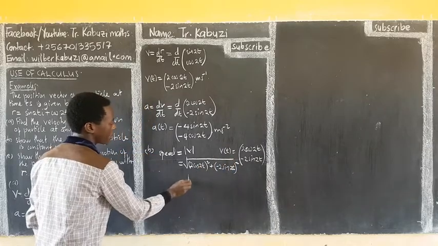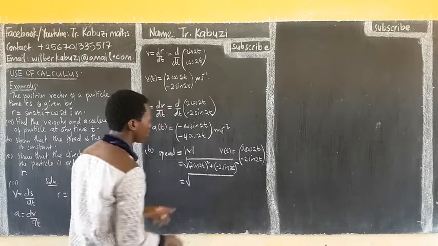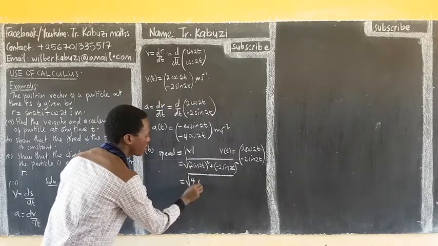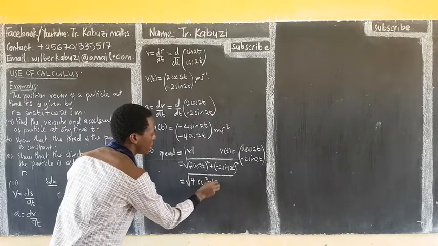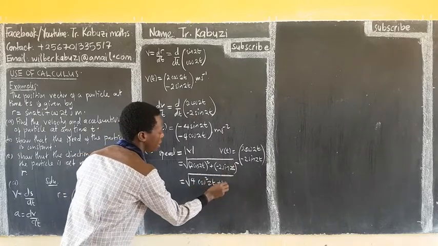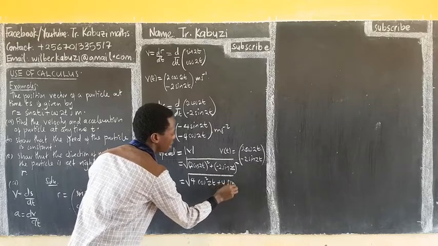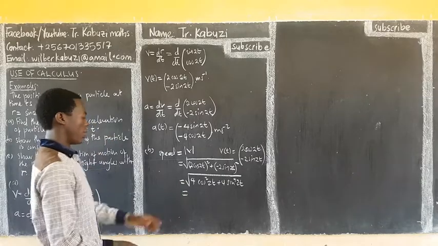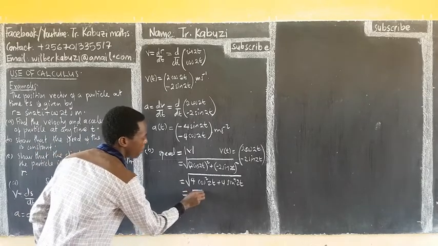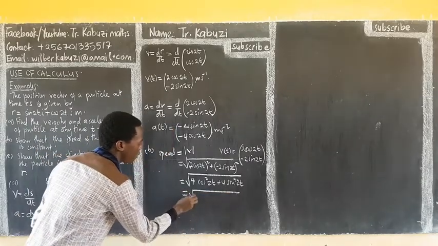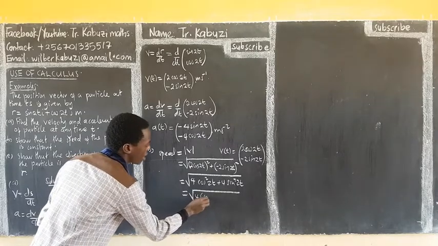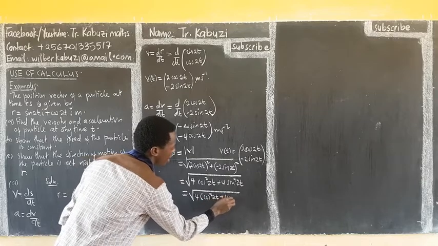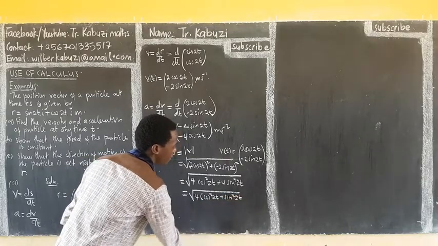So this will give us the square root of: when you square 2, we get 4, and cos squared 2t. When you square negative 2, we get 4, and sine squared 2t. When you factorize out a 4, you see that 4 is common, leaving cos squared 2t plus sine squared 2t.